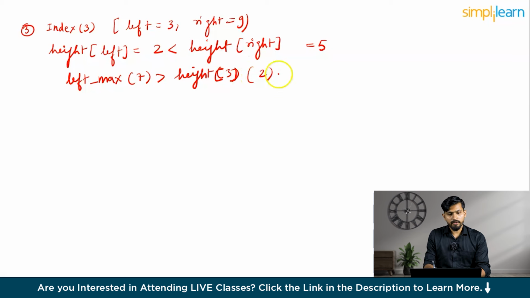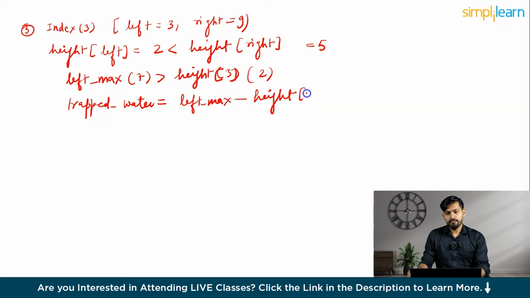So what will be the trapped water here? It would be left max minus height of 3, which will be 7 minus 2 equals 5 units.